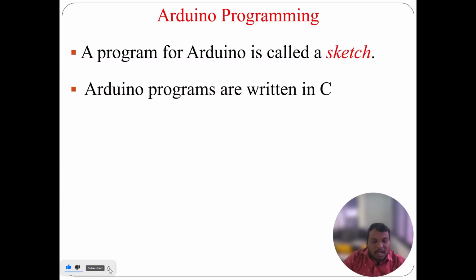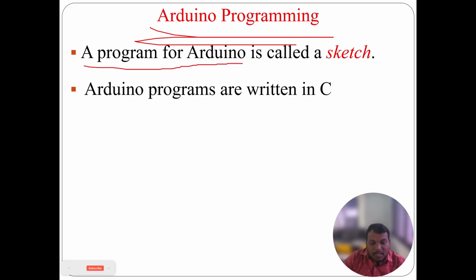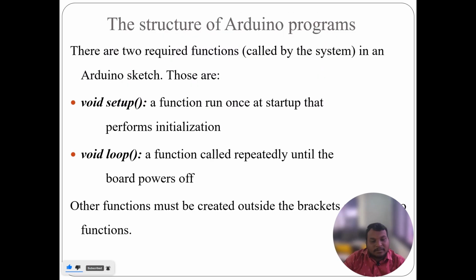Next coming to Arduino programming. A program for Arduino is called a sketch. In the sketch there are two required functions. The first one is void setup and the second one is void loop. What is void setup?